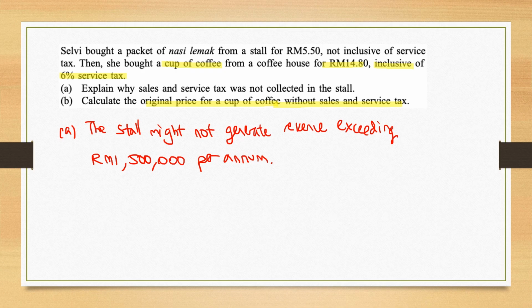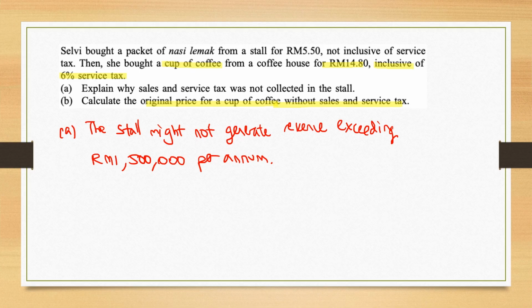Again, there is no mention of revenue. So the best way to answer the question is just to say she might not generate enough revenue, exceeding 1.5 million per annum.